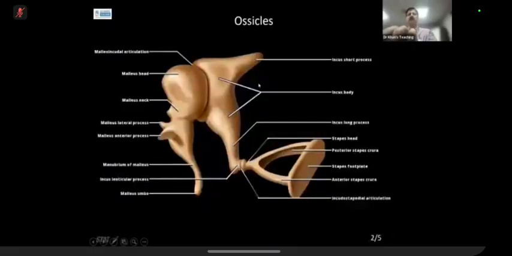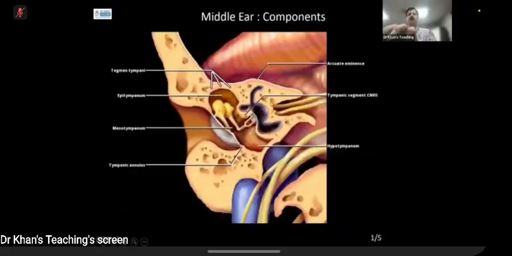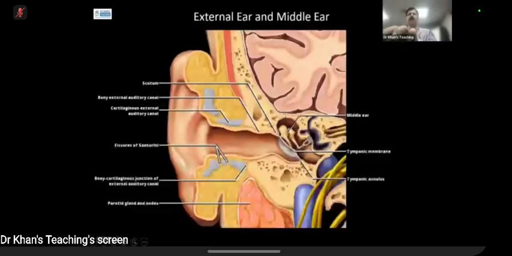You see this thing? So this is tegmen tympani, brain there. Inferiorly, jugular foramen. Lateral, external ear. Medial is the internal ear.